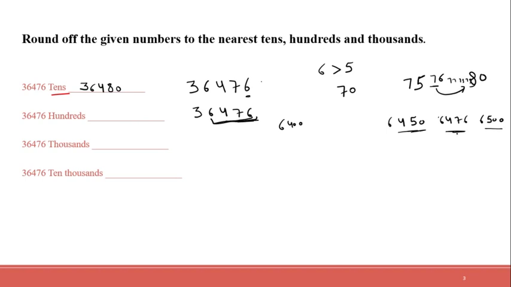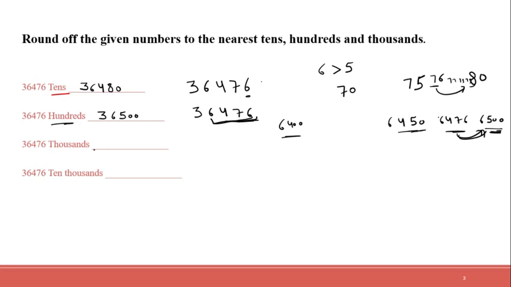So the nearest 100 from this place is 6,500, right? Because either it will be converted to 6,500 or to 6,400, but because we have to convert it to the nearest 100, the nearest is 6,500 and not 6,400. So the answer will be 36,500 if we round it off to the nearest 100.